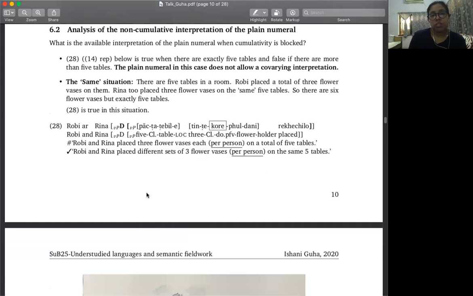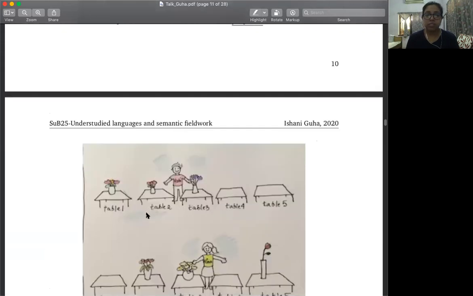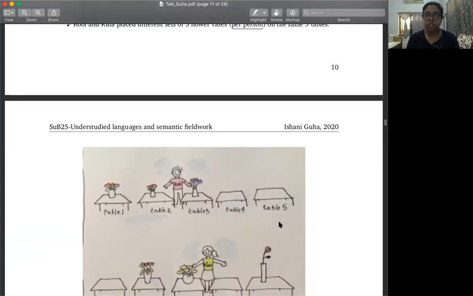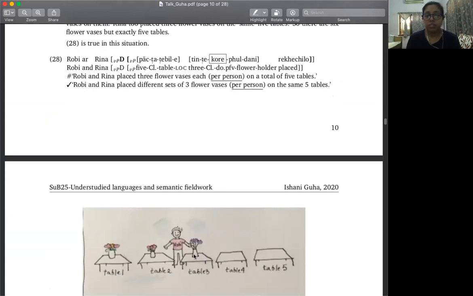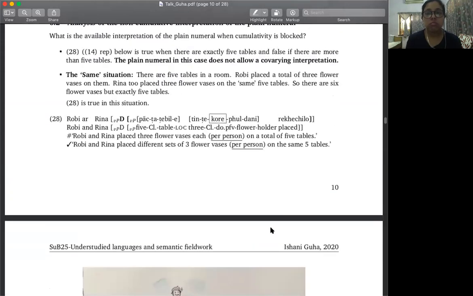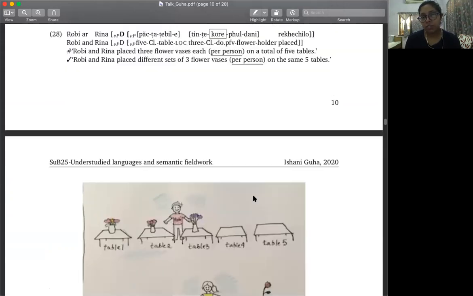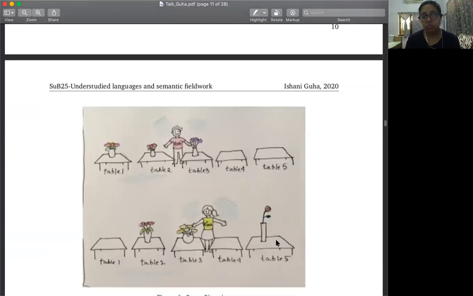Now, let's look at something that I've called the same situation. So there are 5 tables in a room. Roby placed a total of 3 flower vases on them somehow. Rina too placed 3 flower vases on the same 5 tables, whichever way she pleased.